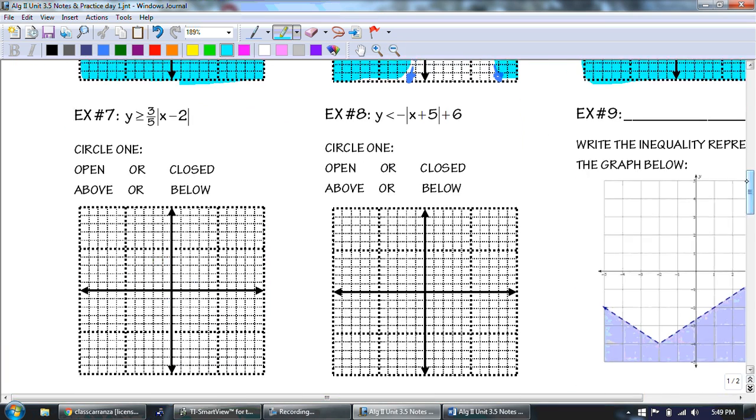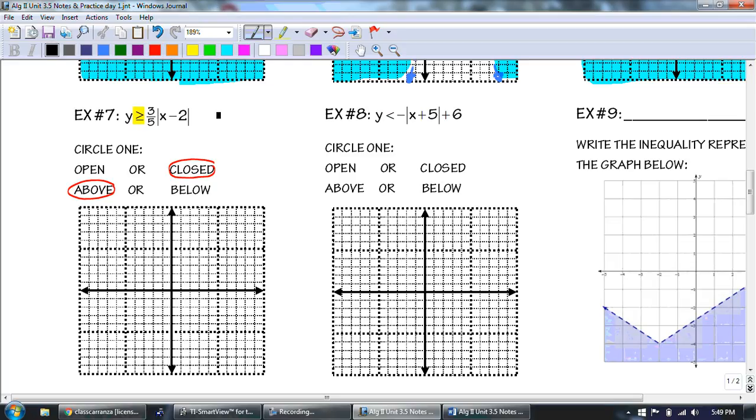All right, number 7. Let's go ahead and answer all the questions. So the first thing we're doing is looking at the inequality. It's greater than or equal to, which means it's going to be closed and above.